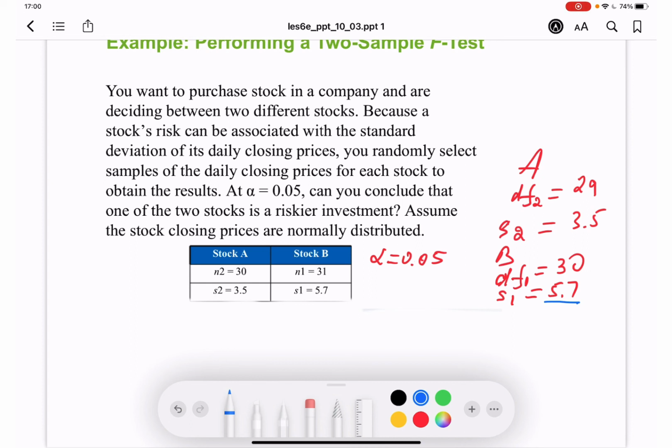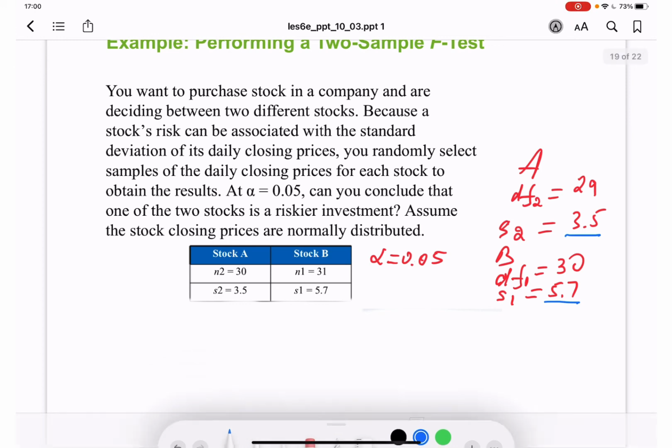Let me figure it out. Is this standard deviation or variance? Okay. So, the smaller standard deviation will give you the smaller variance, right? Because you're squaring. So one is 3.5, one is 5.7.